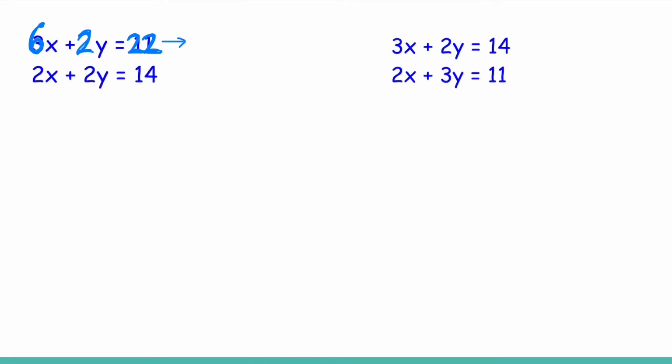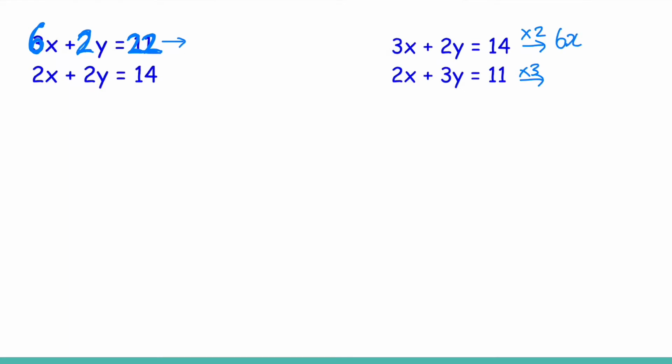So sometimes when you're doing elimination method, you might need to multiply one of the equations, or in this case, multiplying one of them won't really help. So you might need to actually multiply both equations. So on this one, perhaps we need to multiply the first one by 2, the second one by 3, or we could do it the other way around. It depends if you want to match the x's or the y's, and then you would be able to eliminate one of the variables.